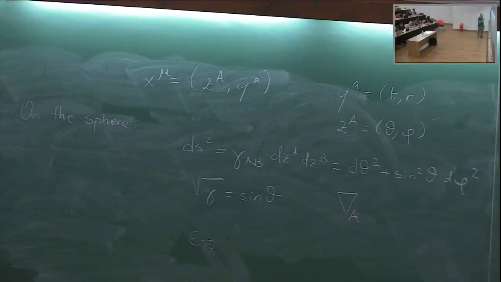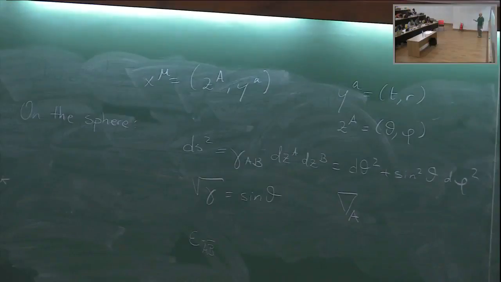Let me remind you, in 3 dimensions, you define it as epsilon ijk equal to 1 if ijk is an even permutation of 1, 2, 3, and minus 1 if it's an odd permutation of 1, 2, 3. Remember? In 2 dimensions, you can do the same thing. So you can define a Levi-Civita tensor in Cartesian coordinates in 2 dimensions.